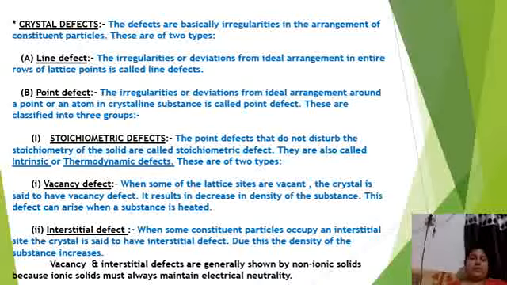So our next topic is defects. Crystal defects. We all know very well that defects means imperfection. Defect means imperfection. कोई भी चीज अगर perfect ना हो, that means any irregularity, any impurity or any other missed thing is over there.